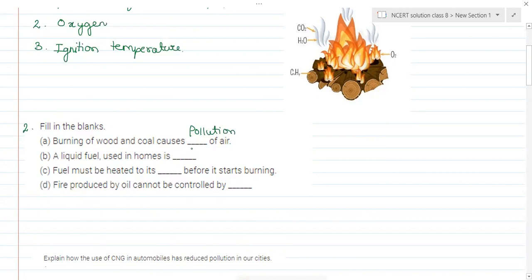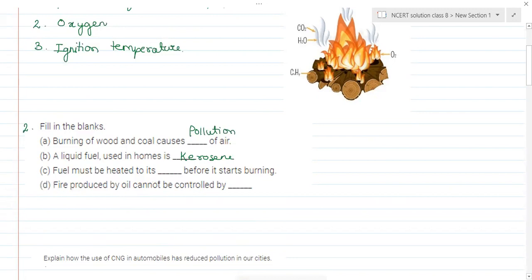Right, and as soon as your mother opens the knob, it again turns into gas, and she is using a gaseous fuel. Liquid fuel has to be kerosene. Kerosene is the liquid fuel that we use at homes. I know many of our households do not use it, but there are still many households that are still using kerosene for various purposes.